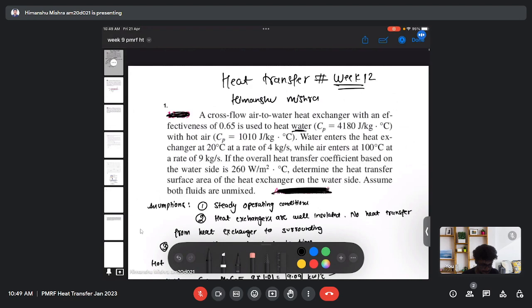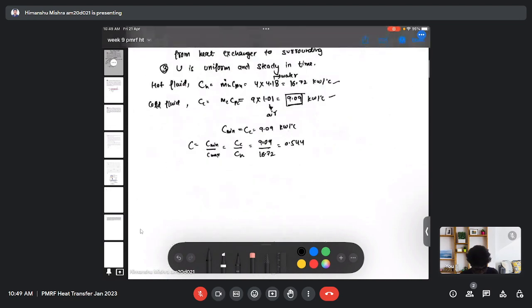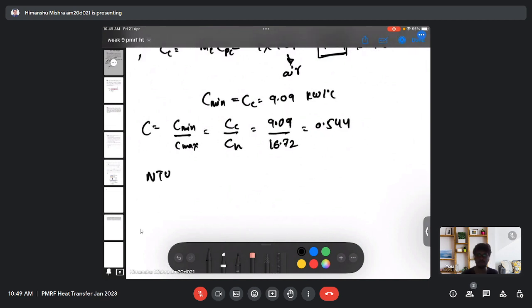Now, since I have a cross flow air to water heat exchanger, to find the NTU here we will be using the charts. There are various kinds of charts that you can find in the textbook, which are effectiveness versus NTU charts, plotted for different values of the heat capacity ratio.